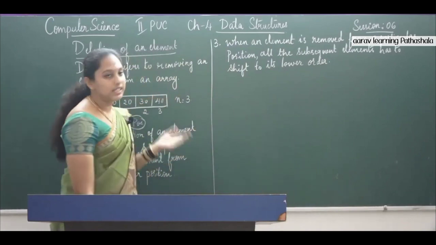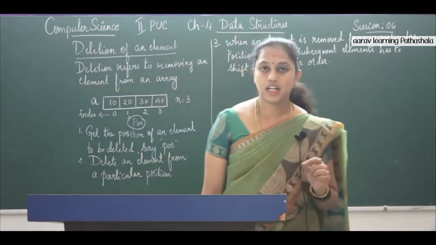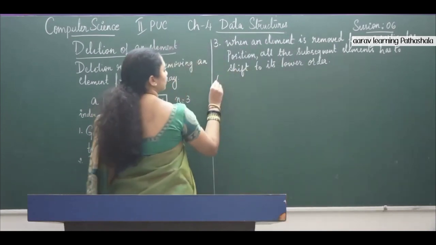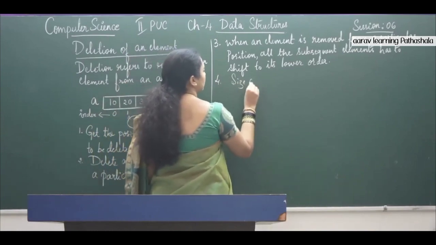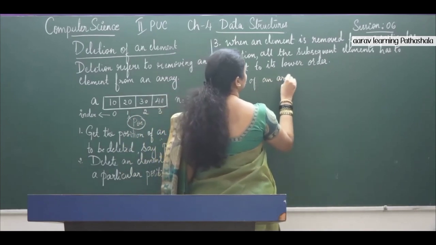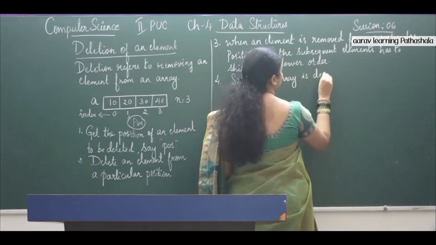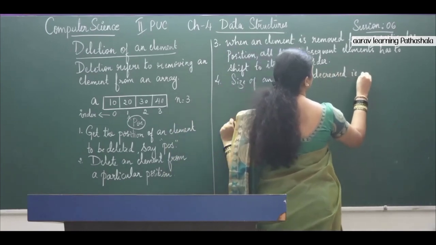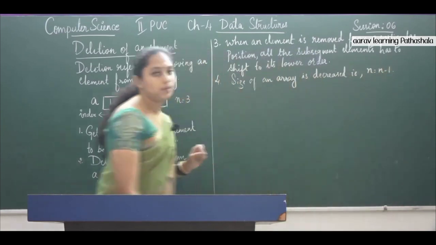So after deleting an element from an array, the size of an array is decreased by one. Size of an array is decreased. That is, n is equal to n minus 1.